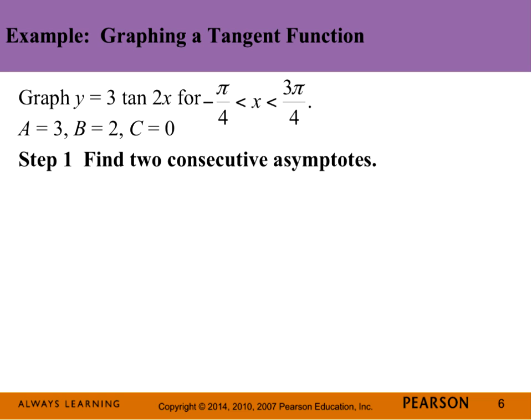So we want to give our barriers before the function is translated, which is -π/2 and π/2. And we learned on that last page that we can set up bx minus c. And when we solve this, we end up with where our asymptotes for one of our periods lies.